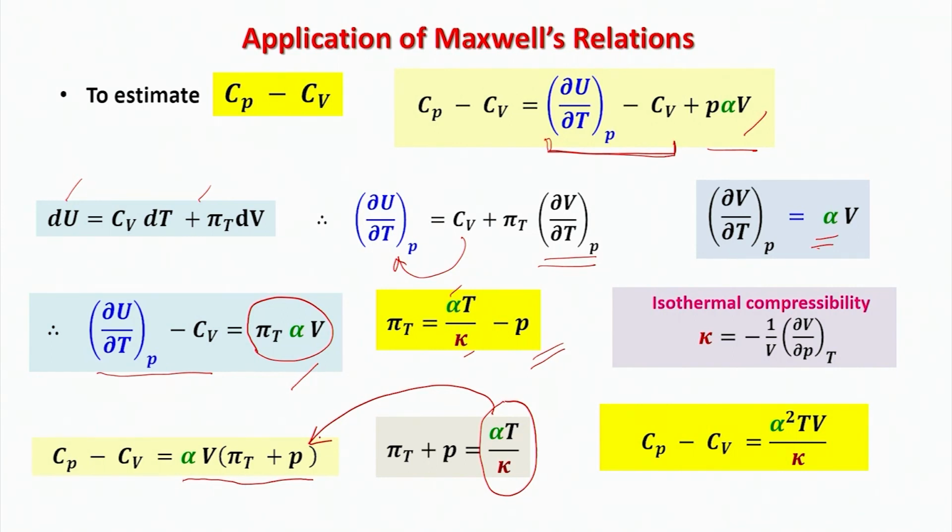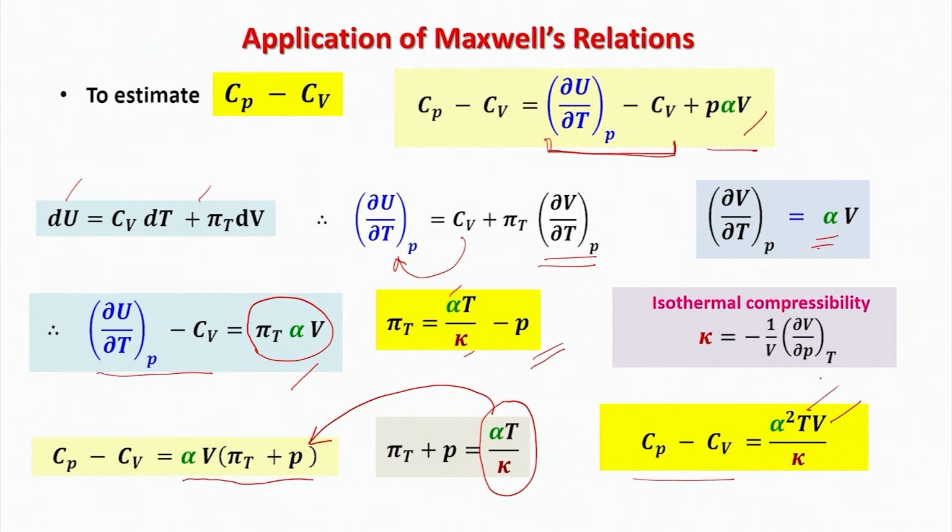Now, if you want to find out the value of Cp minus Cv for any given system, as you can very easily see here, what are the quantities that you need to know? You need to find out the thermodynamic state at which the system is, which will tell you about the volume of the system and the temperature of the system.